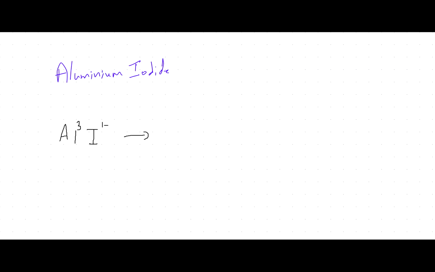Did you say anything, Abbas? I didn't understand. Oh, okay. So it's aluminium in the third group. Yeah. Iodide is in group 7. And the aluminium is +3. The iodide is -1. Very good. So we're going to slide it.